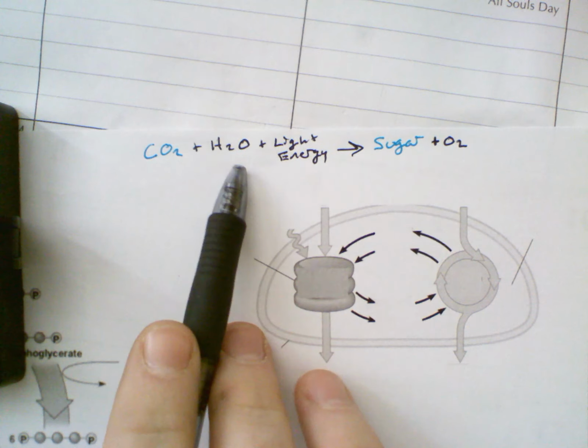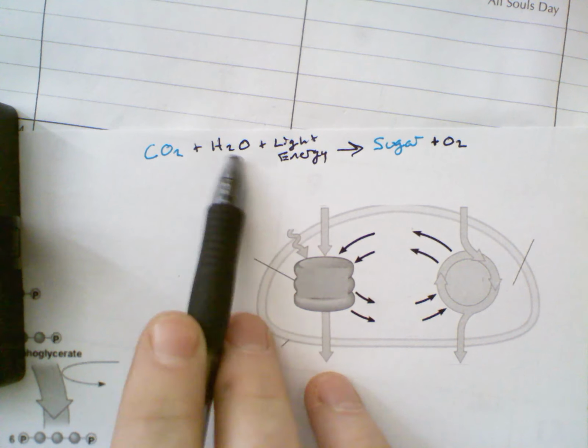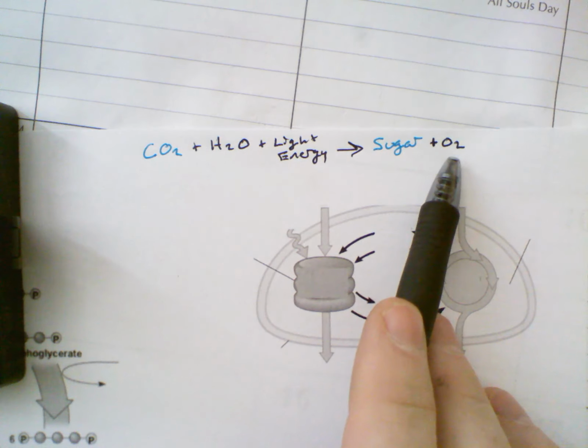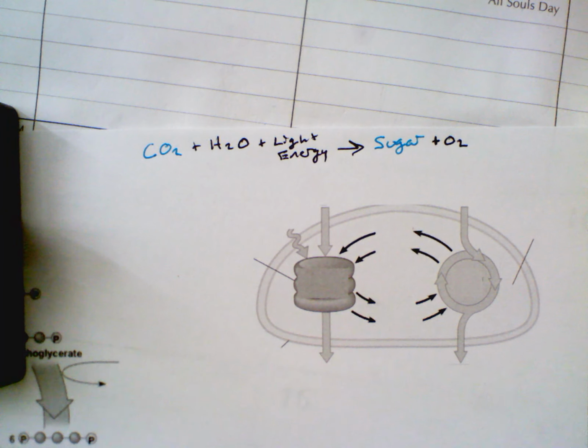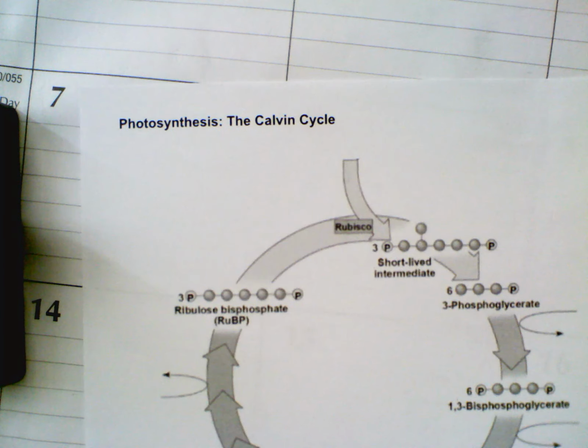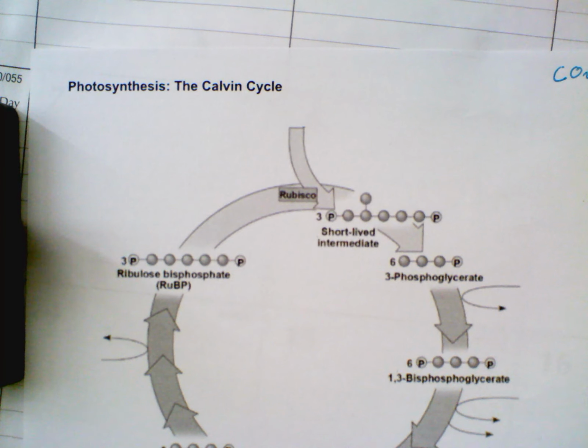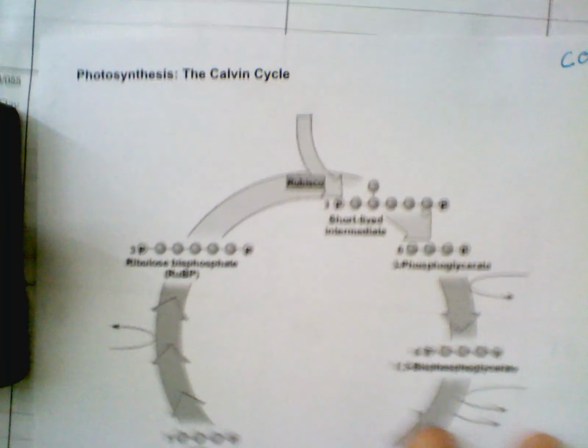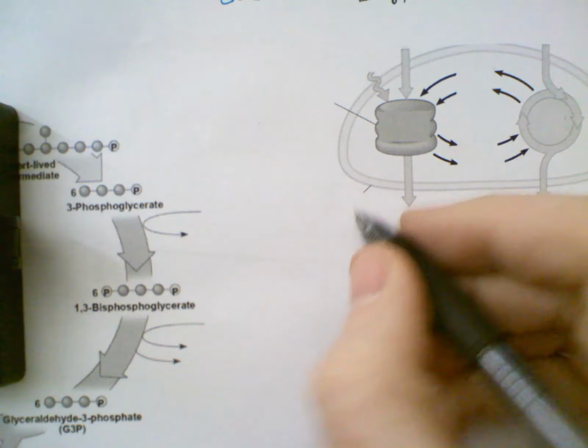That's what we're doing. Everything else we've already done in the light reactions. So we've already split apart that water to generate the ATP and NADPH needed using that light energy. So now it's time to cash in that energy. So let's go over here. All right, there are three major stages to the Calvin cycle.